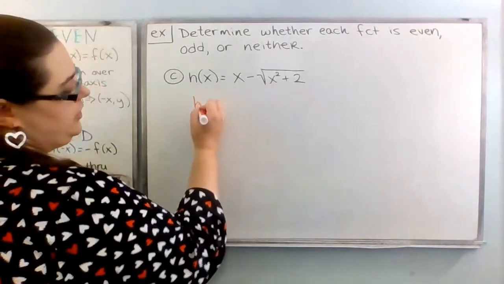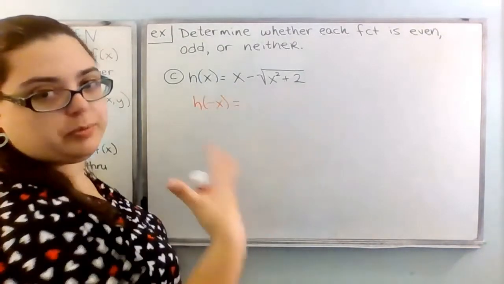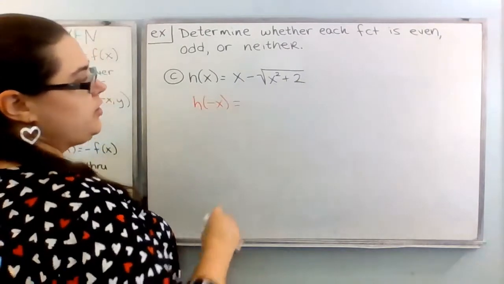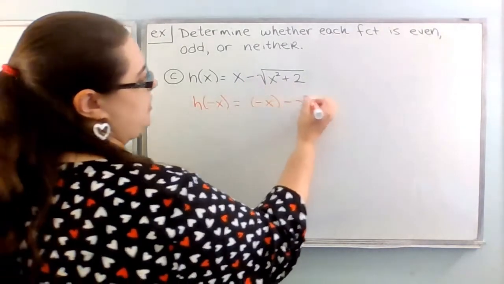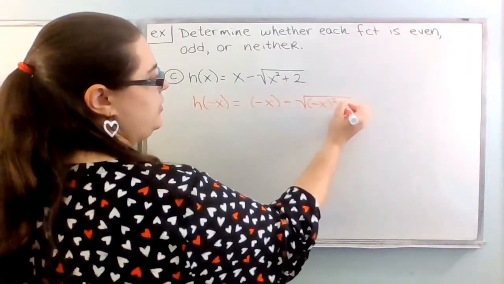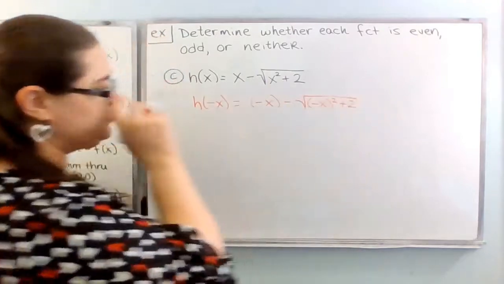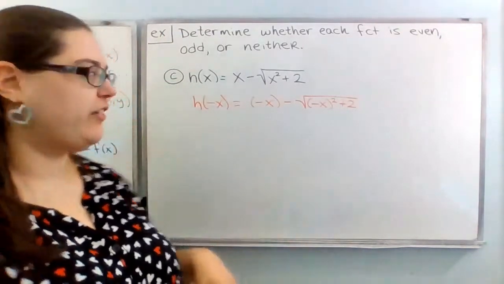So h of negative x means wherever I see x in the expression, I'm going to replace it with a negative x. So instead of x, I'm going to have negative x. Instead of x squared, I'm going to have negative x squared, and then plus 2. All right, so now we simplify.